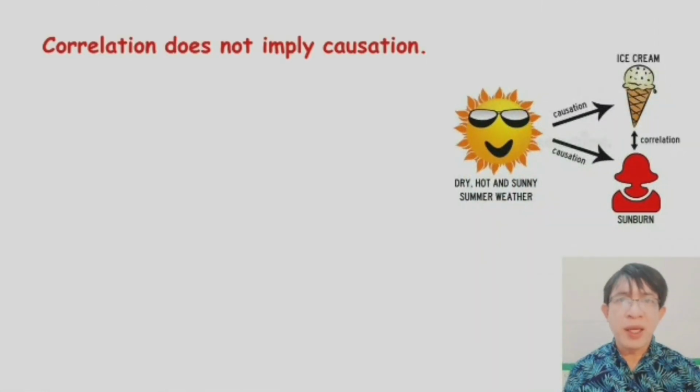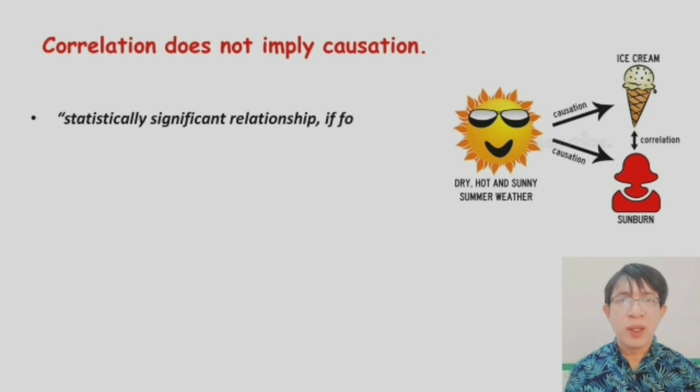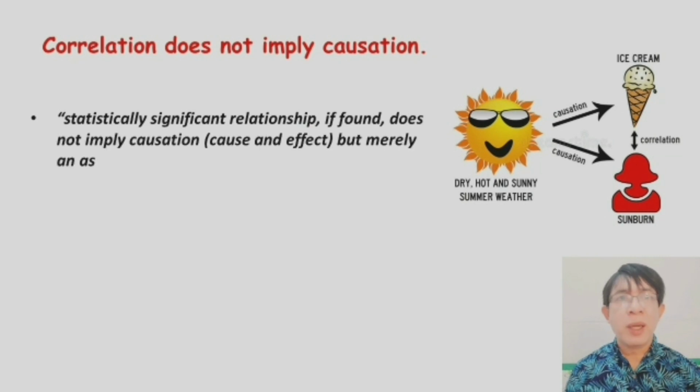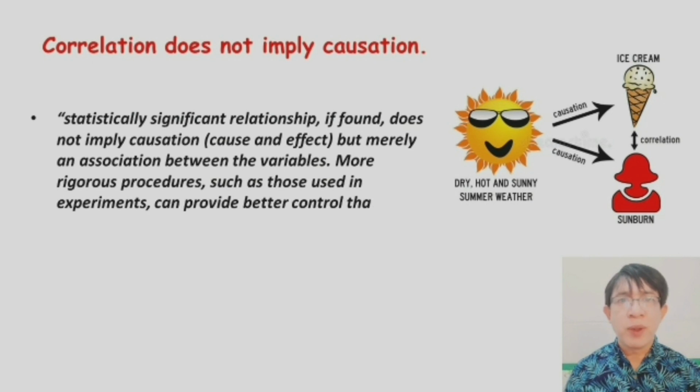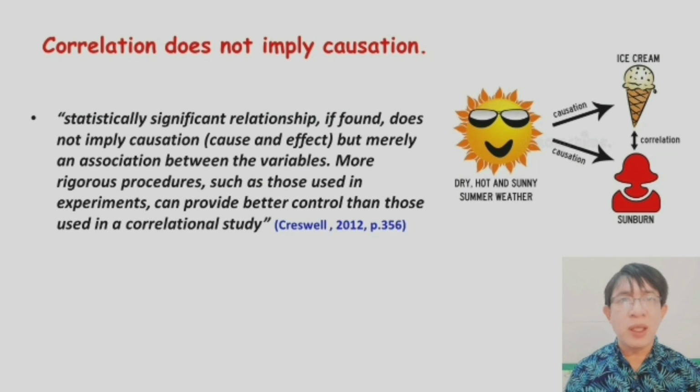Correlation does not imply causation. Creswell says that a statistically significant relationship, if found, does not imply causation or cause and effect, but merely an association between the variables. More rigorous procedures, such as those used in experiments, can provide better control than those used in correlational studies.